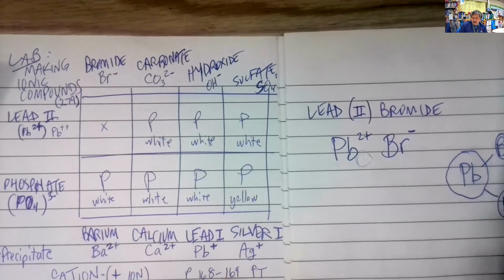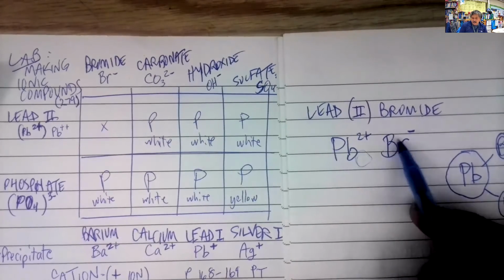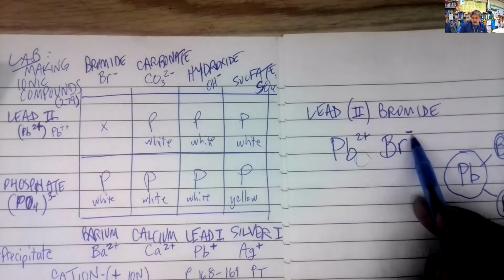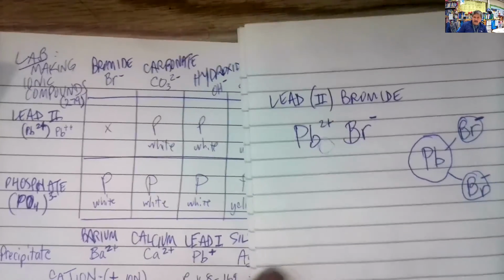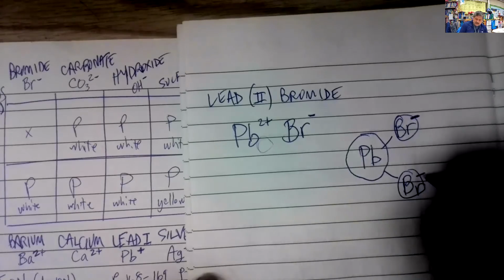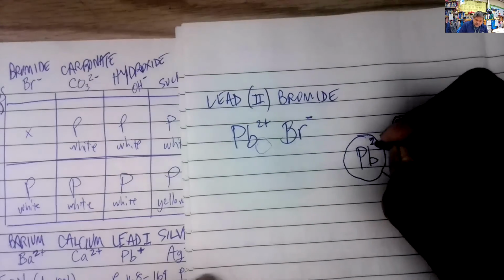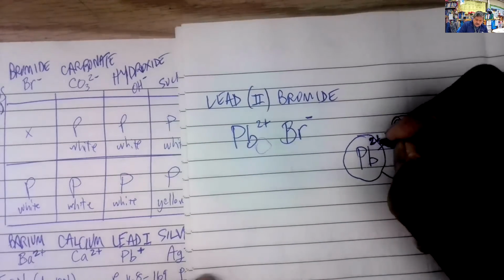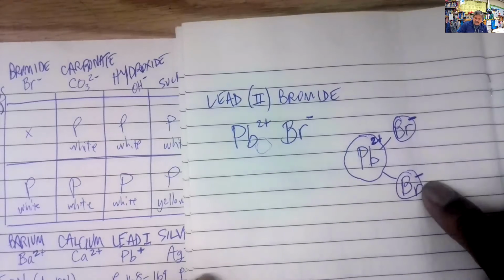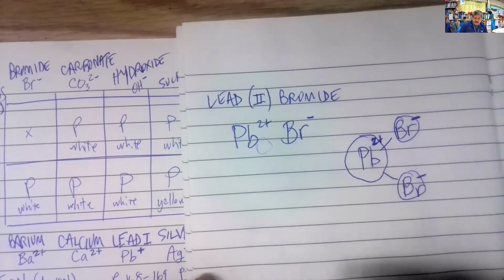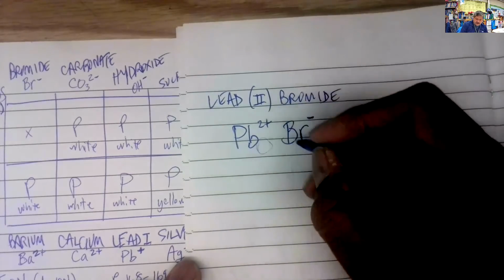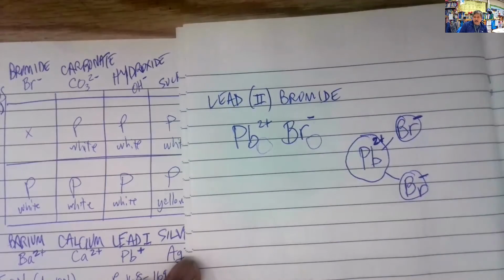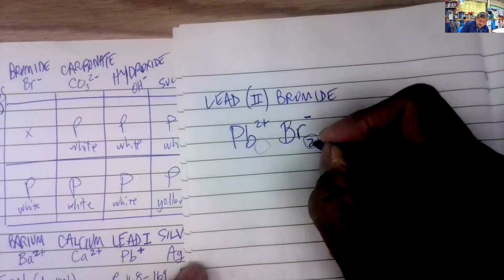But I have 2 of these because each one is -1. So there's -1, there's -1. And the -1s have to balance the 2 plus. Now electrically, these are balanced, and the way I write that is by putting a subscript right here, I have to put a 2.